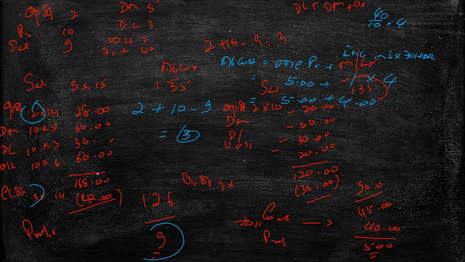The value is 14 under absorption costing and 10 under marginal costing. So increase in stock is between the opening and the closing, from 2 to 3, that means 1 unit.